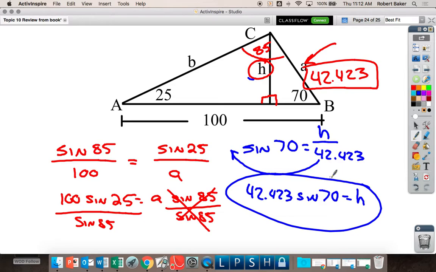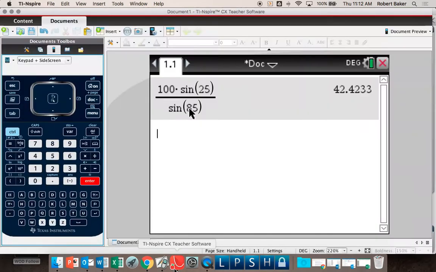Because sine is the only trig function that will solve for h. The sine function is opposite over hypotenuse. I'm looking to solve for the opposite value, and I do have the hypotenuse, so I use sine there.